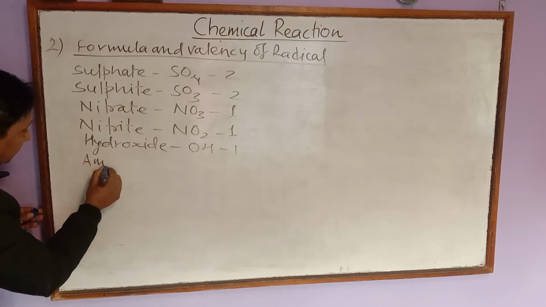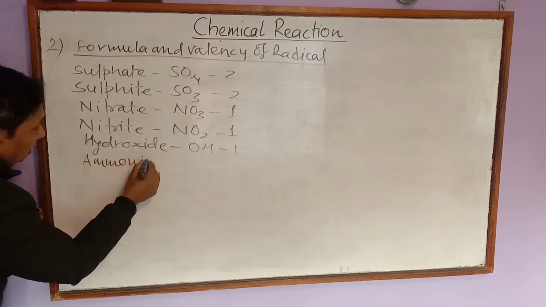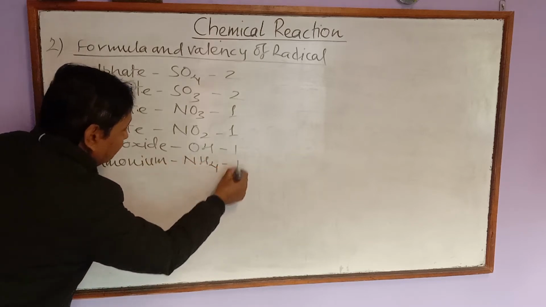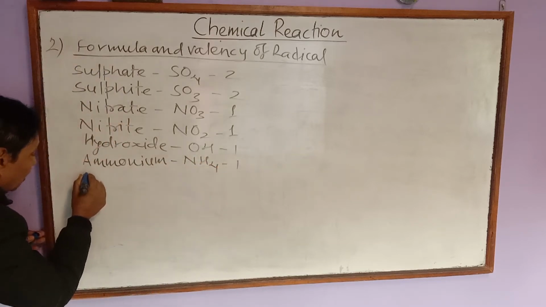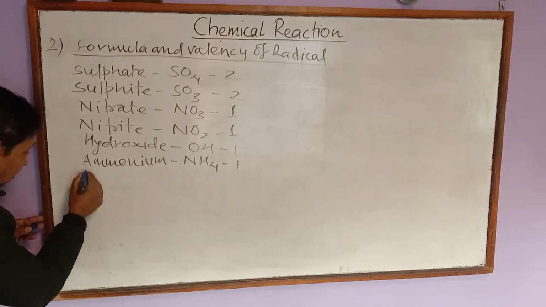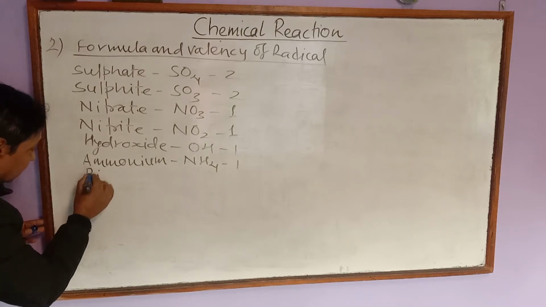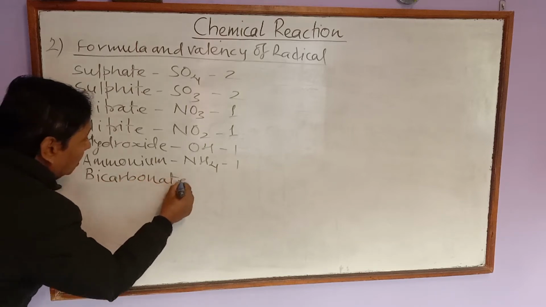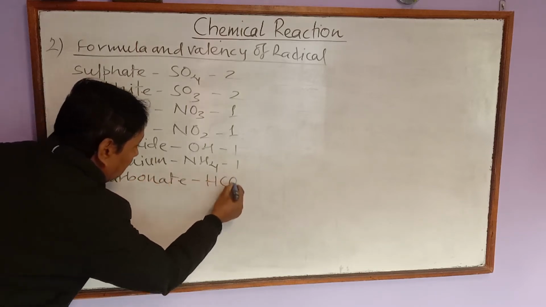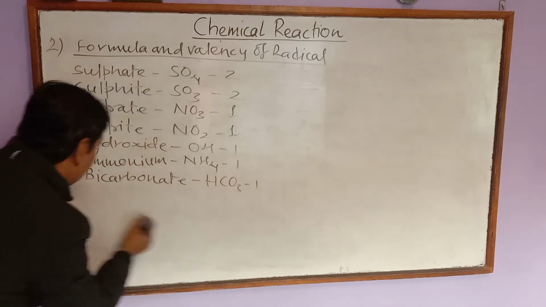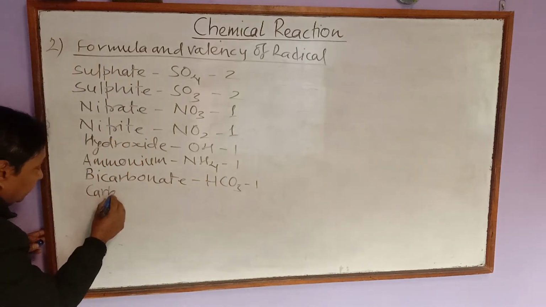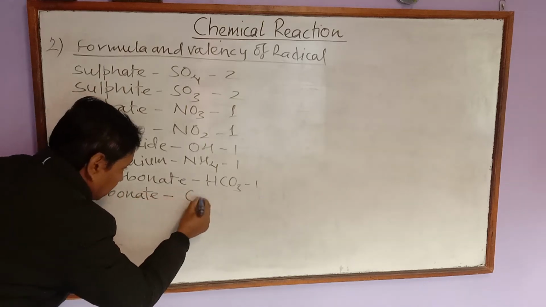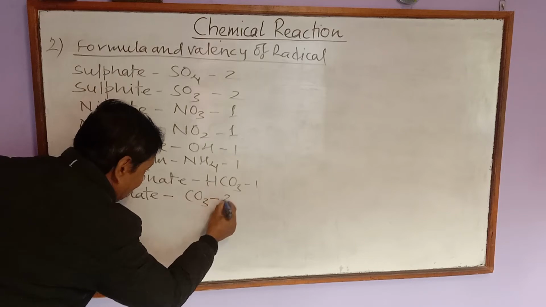Ammonium, NH4, its valency is 1. Bicarbonate, now I am talking about bicarbonate also. Bicarbonate means hydrogen carbonate. Bicarbonate, HCO3, valency 1. But carbonate, valency is 2.